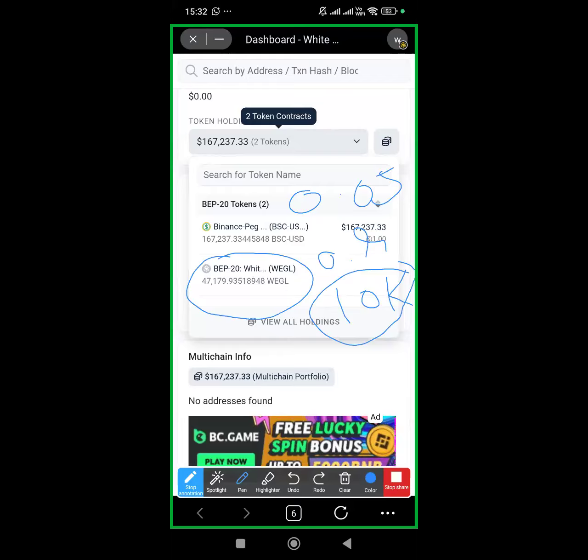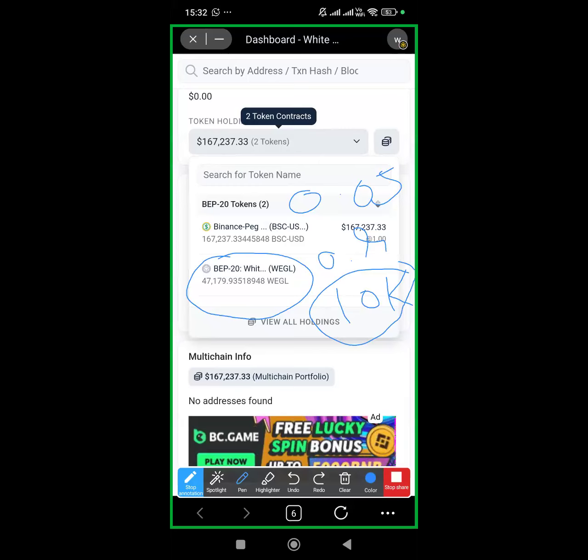When you put liquidity on PancakeSwap, it gives you back LP tokens for as much as you put in. Suppose I put $10,000. Pancake will calculate the equal amount and give me the LP tokens back.